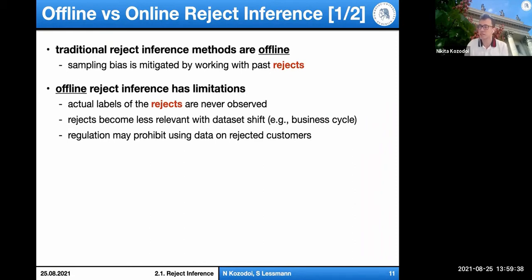And if these rejects are too old, then the potential amount of useful information that can be extracted from them is limited, depending on the magnitude of the data set shift.